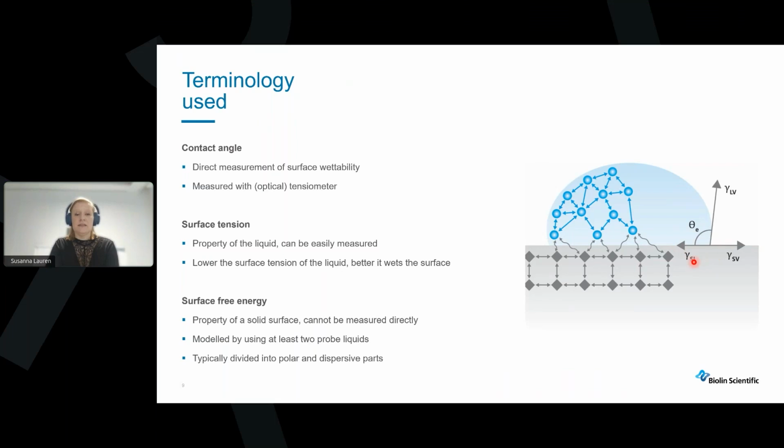And what type of a shape the droplet will take depends on the forces at this three-phase contact point. And these forces are basically a sum of the surface tension of the liquid that we are using, the surface free energy of the solid that we have, and the interfacial tension between the solid and the liquid.